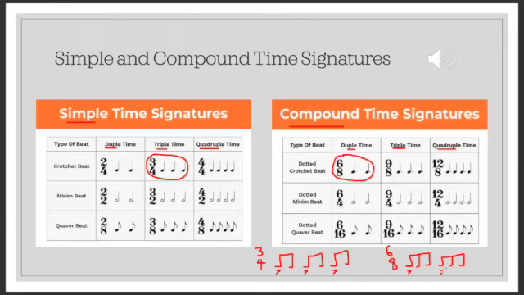So if I play something in 3/4, you can feel that there are 3 main beats. We're not quite emphasizing, but we're feeling it in 3, so every beat has a slight emphasis.